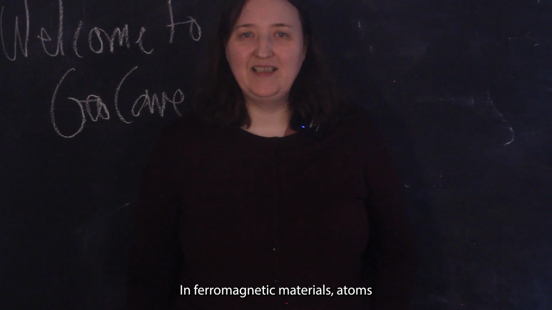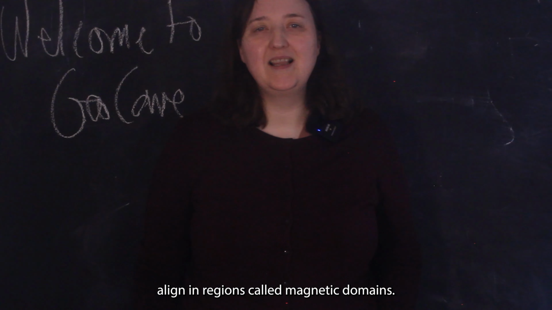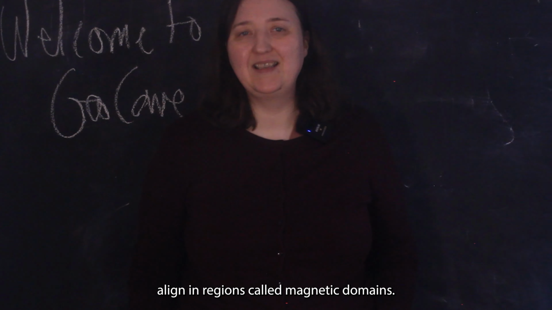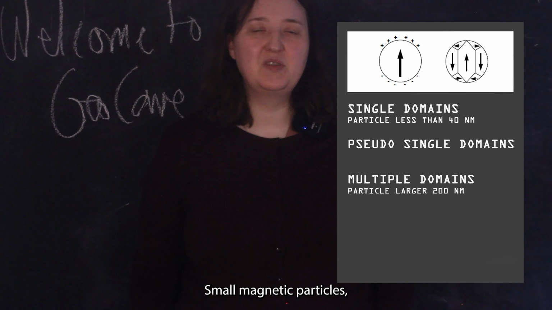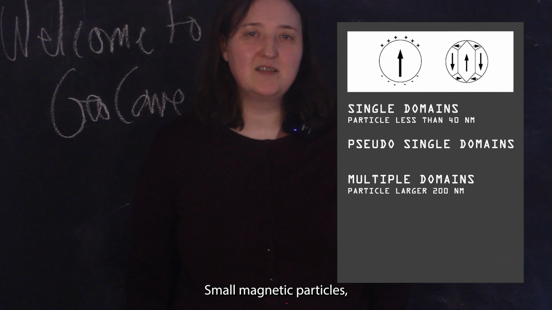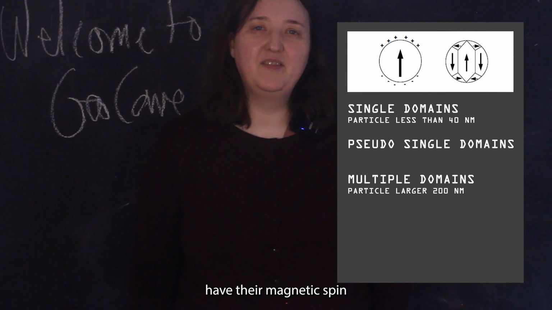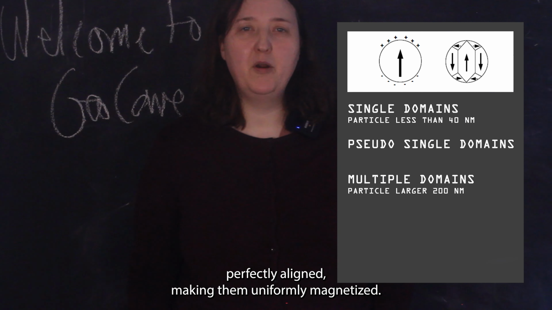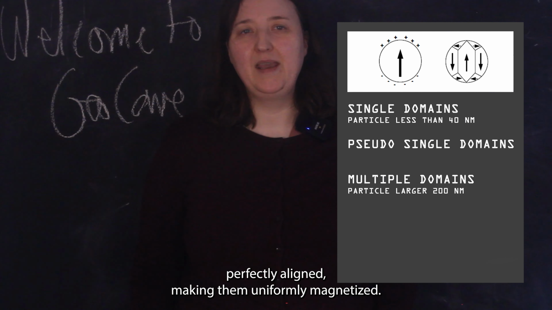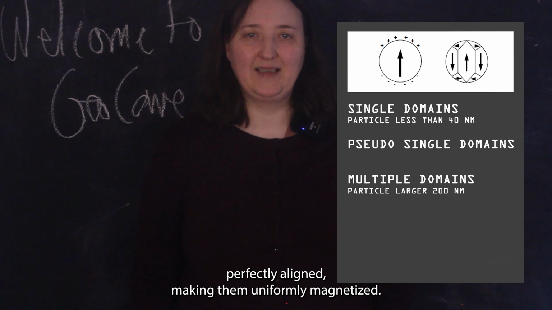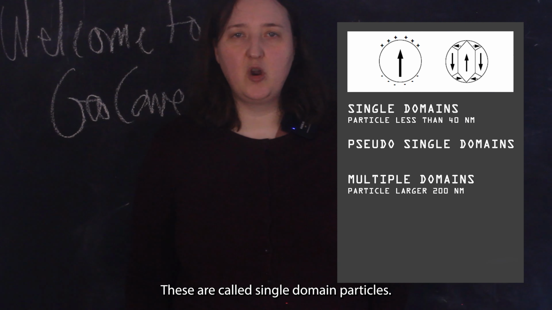In ferromagnetic materials, atoms align in regions called magnetic domains. Small magnetic particles have their magnetic spin perfectly aligned, making them uniformly magnetized. These are called single domain particles.